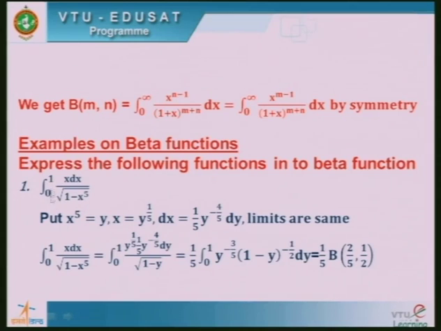You must be knowing the beta integral, the beta definition formula: beta is integral 0 to 1, the limits are same, and x to the power m minus 1 into 1 minus x to the power n minus 1. So, express by substituting a suitable x value. What is the substitution? See, one of the terms we require is of 1 minus x type, nothing to worry about the power of 1 minus x.